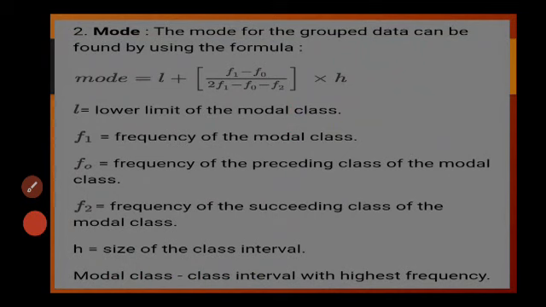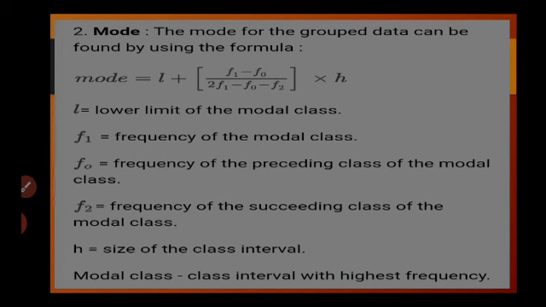And next topic is mode. How will we find the mode for the grouped data? Mode is equal to L plus (F1 minus F0) divided by (2F1 minus F0 minus F2), multiplied with H. Here also L is the lower limit of the modal class.